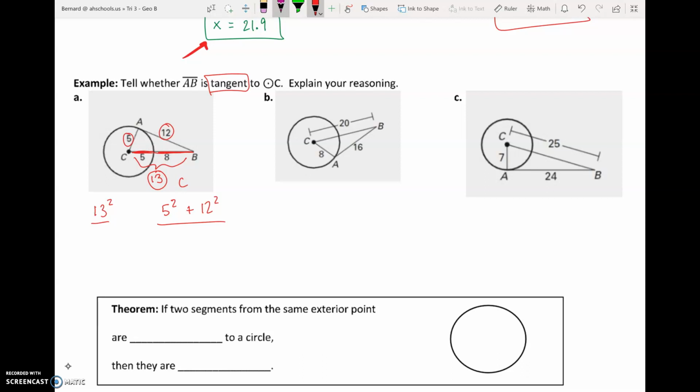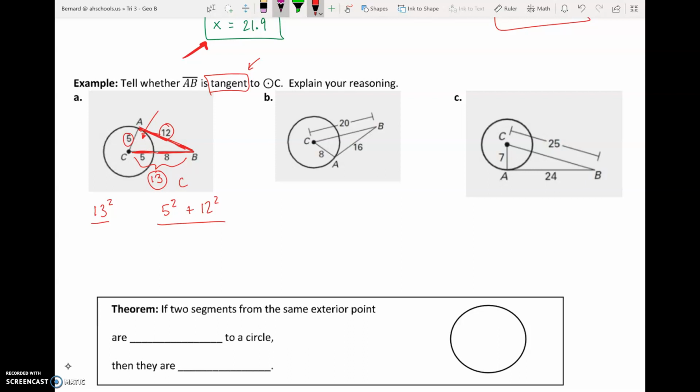If it does, then AB will be a tangent line, because if a squared plus b squared equals c squared, that means this has to be a right triangle, meaning this is a right angle. But if it does not, then it's not a right triangle, and so then AB would not be tangent.